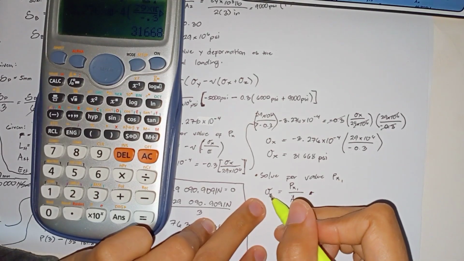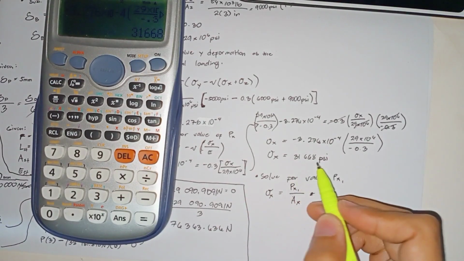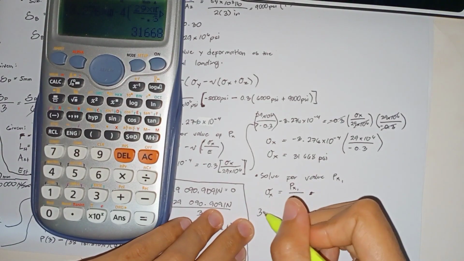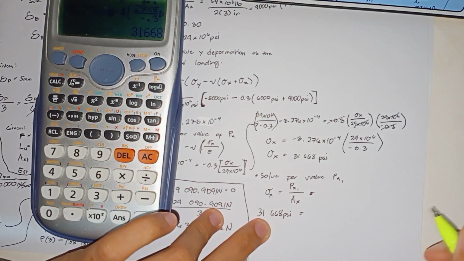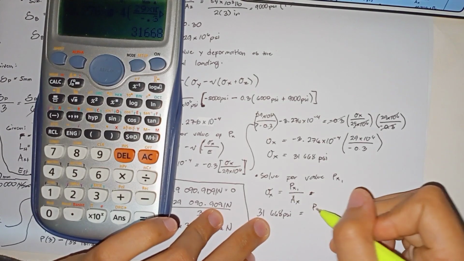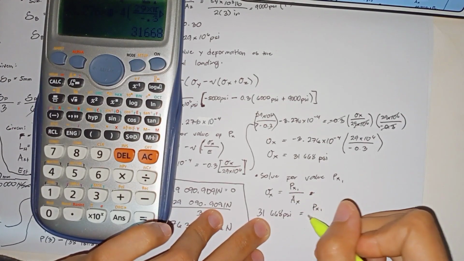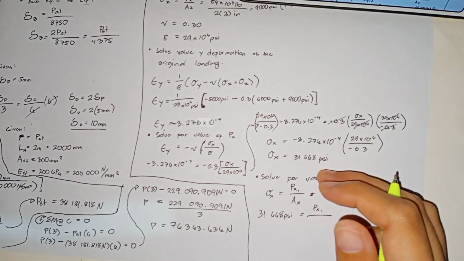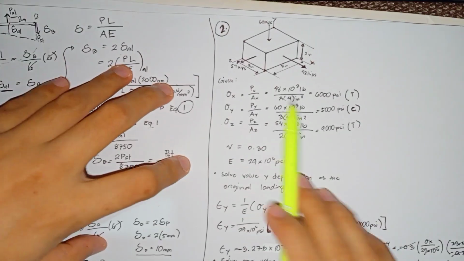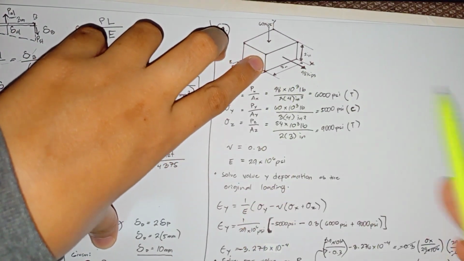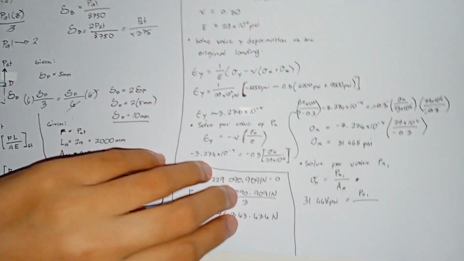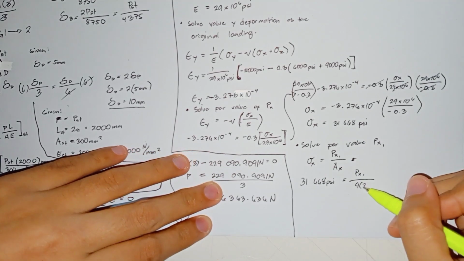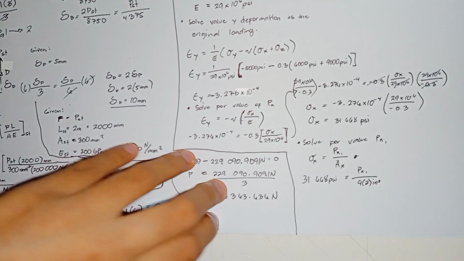Ito pala yung nakuha natin. So, ano yung nakuha nating value kanina? That is 31,668 PSI is equal to, so, si P of x ang hinanap, diba? So, stay natin siya as variable. And then, yung area natin, syempre, magbe-base tayo doon sa ating drawing. So, sa drawing natin, ito si x, diba? So, ang area natin is 4 times 2. That is 4 times 2 inch square.